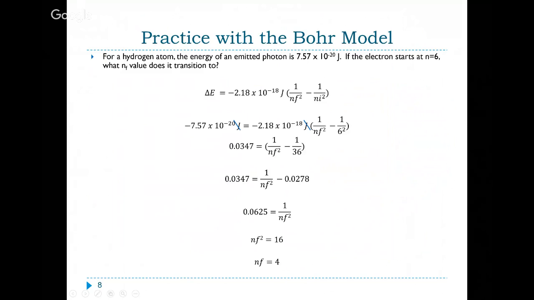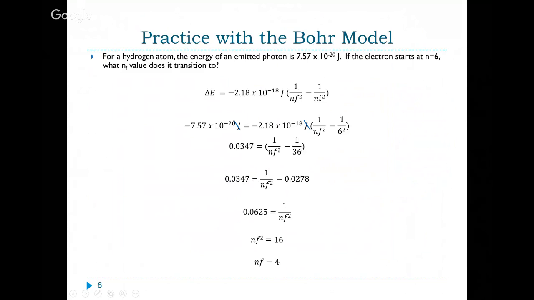So continuing to do the math then, I'm going to put this in my calculator. That comes out to a value of 0.0278. I need to get NF squared by itself, so I add the 0.0278 to this side. That comes out to 0.0625. To solve for NF squared, I'm going to switch places here. So 1 divided by 0.0625 equals 16.